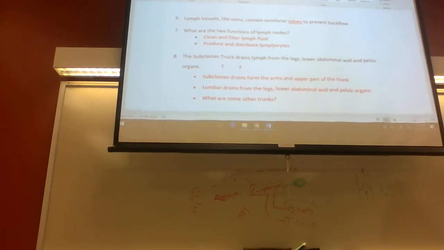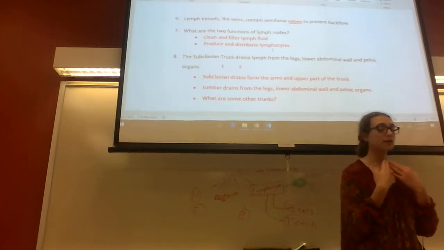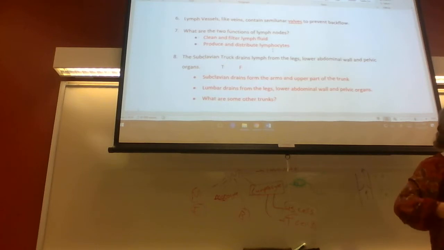So let's see. Number 8, the subclavian trunk drains lymph from the legs, lower abdominal walls, and pelvic organs. This is false. Your subclavian is up here, under your clavicle, sub meaning under, so it drains your arms and upper part of your trunk.